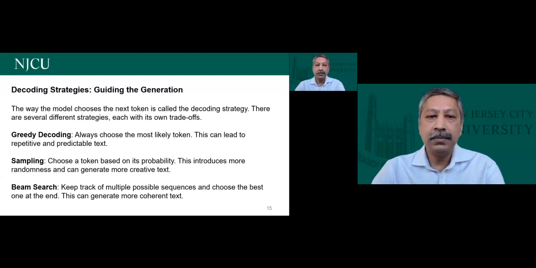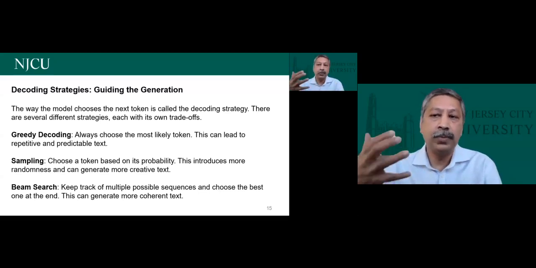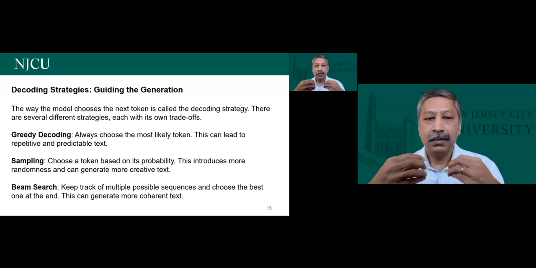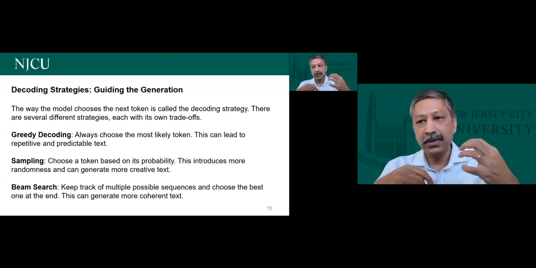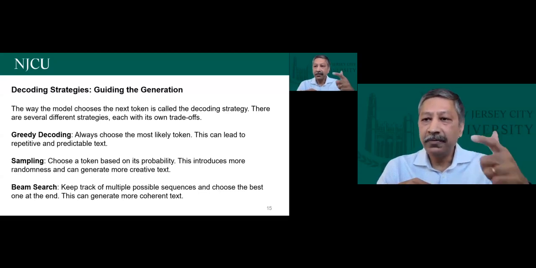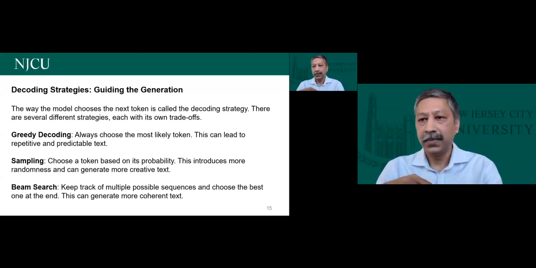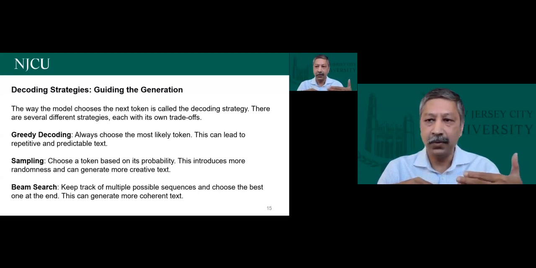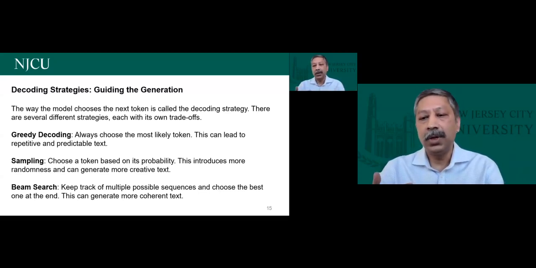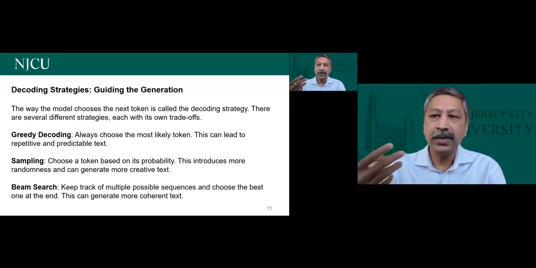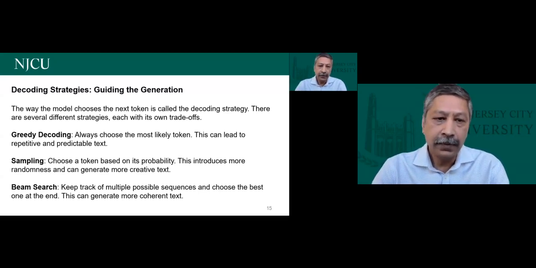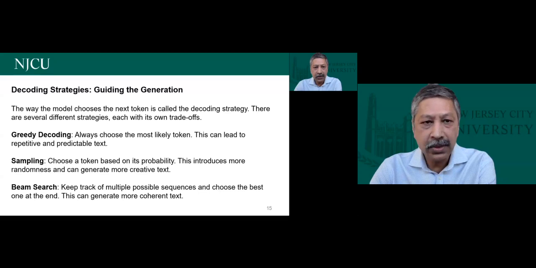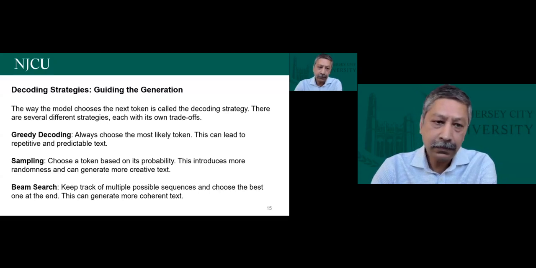So this defines how the output is produced. And immediately you see that this is what makes the LLM generate slightly different output each time you run it, because there's probability and sampling involved. Each time you run the model, you can get a slightly different output. This process is called decoding.